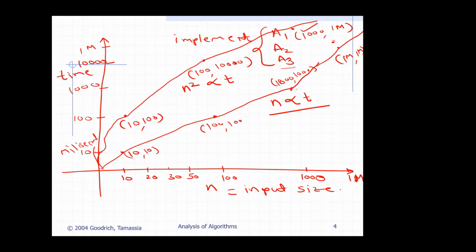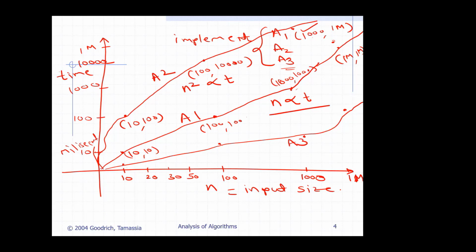Then I might have another algorithm A3 which grows like this: for 10 the value is something like this, for 100 the value is, let's say, 10, for 1000 the value is something, for 1 million the value is 1000. So this is algorithm A1, this is algorithm A2, this is algorithm A3.